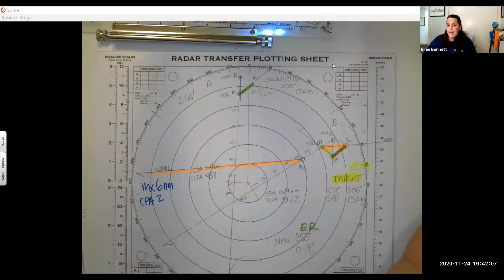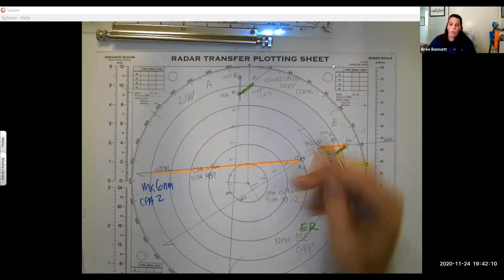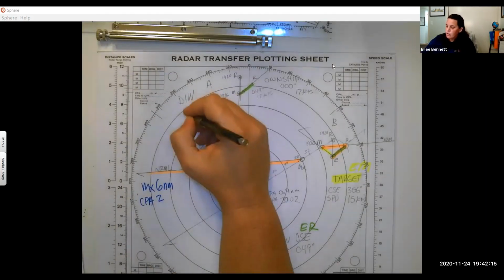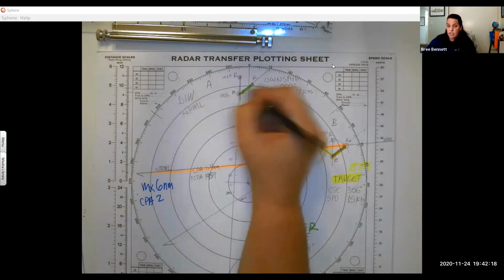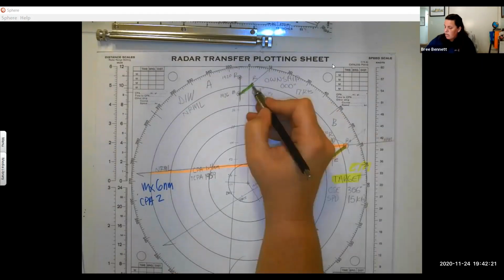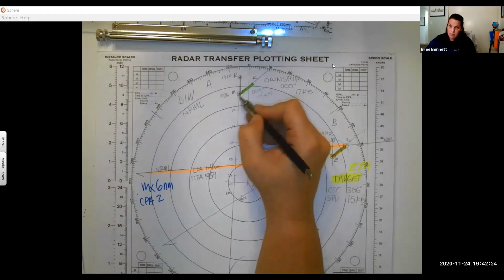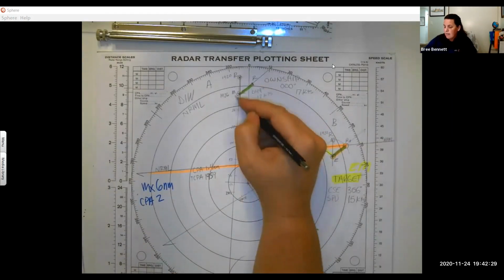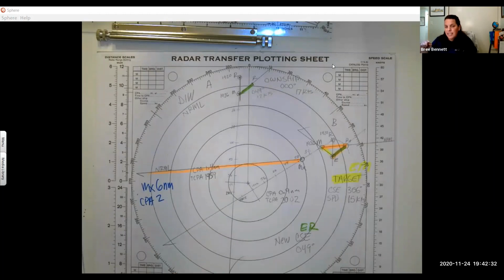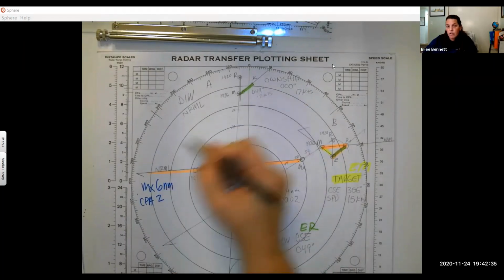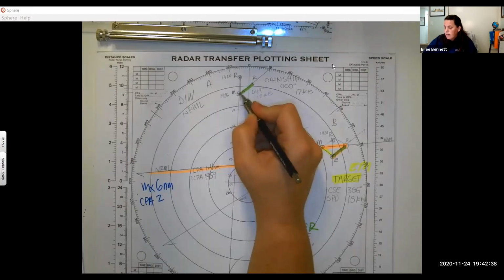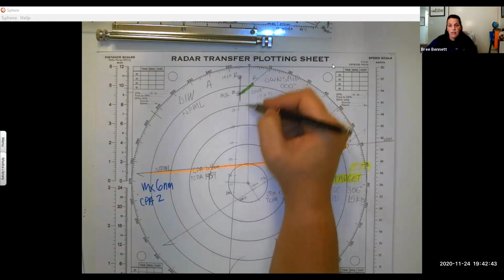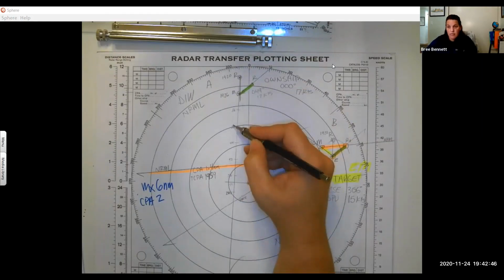Okay, so now I want to know what will be the new CPA. So where do I put in my new relative motion line for target A? My R to M, this is the weird one because it's dead in the water. So our triangle isn't a triangle, it's a line. Our R to M line goes here, but it doesn't go directly here. We have to move our R to M line back to MX. So we need to plot where MX is going to be on this relative motion line.